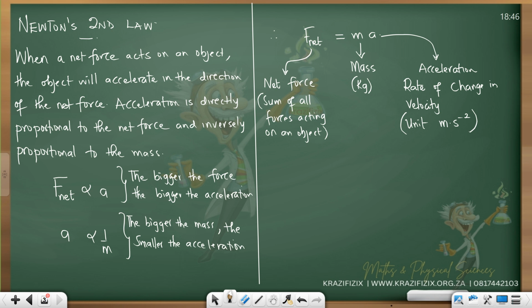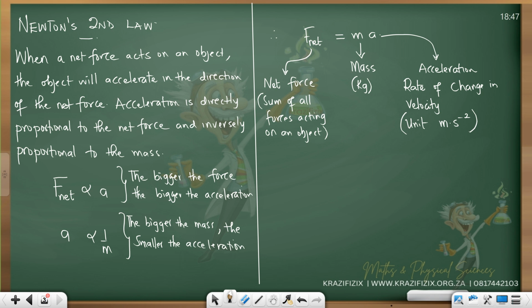All right, so we said when a net force acts on an object, the object will what? Accelerate in the direction of the net force. The acceleration is directly proportional to the net force. What does that mean? It means when the net force is big, the object will move faster.